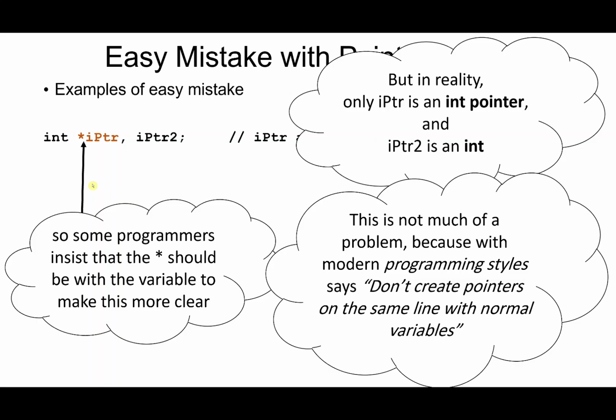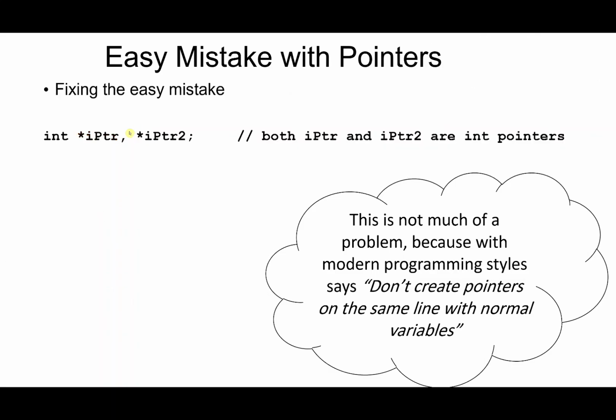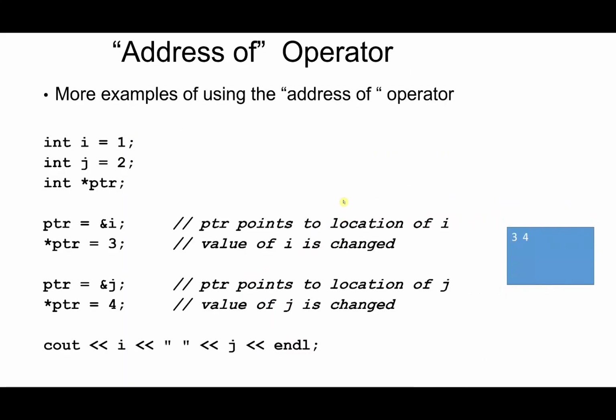By placing another asterisk before this name. This is not much of a problem because modern programming styles say do not create pointers on the same line with normal variables. So if you intended to have 2 pointers, you have to do it this way. But if you intended to have 1 pointer and 1 normal variable, have them in separate statements, on separate lines, based on this style or standard.